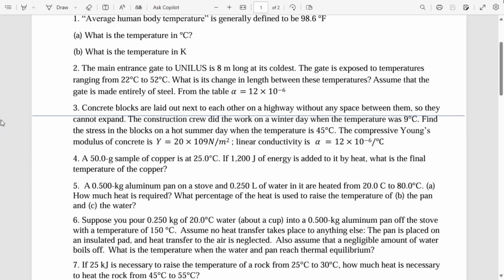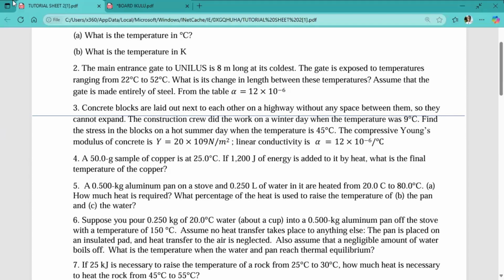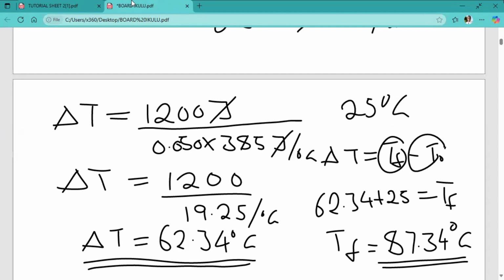Then what percentage of the heat is used to raise it? B, the pan, C, the water. So that's a very, very interesting question. And here is how we're going to handle it. Let's get on the data.